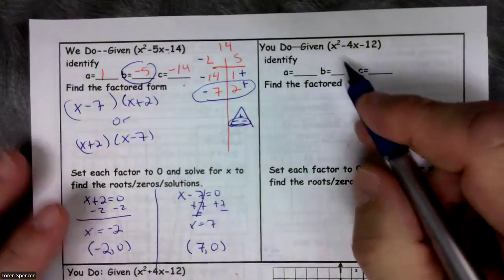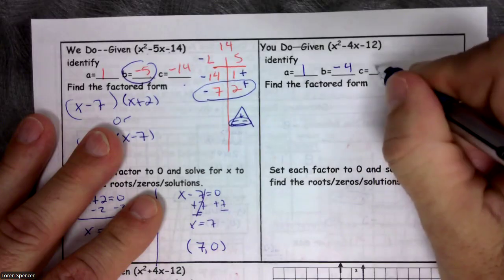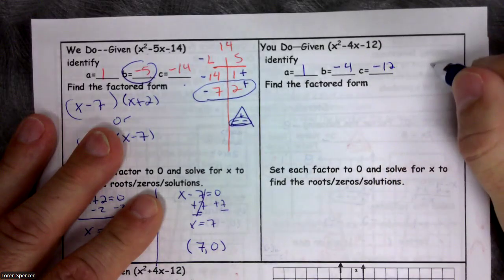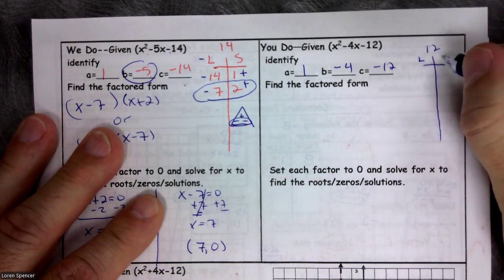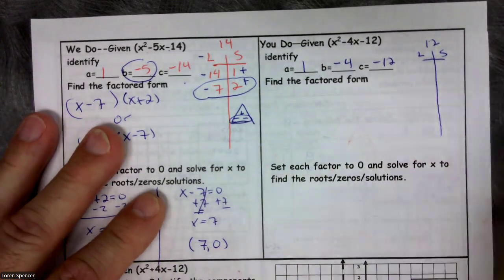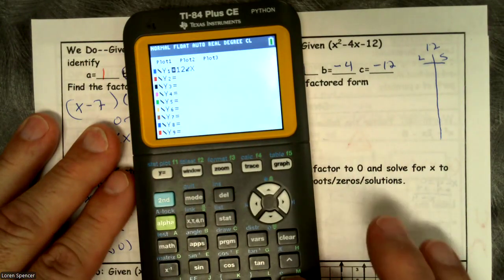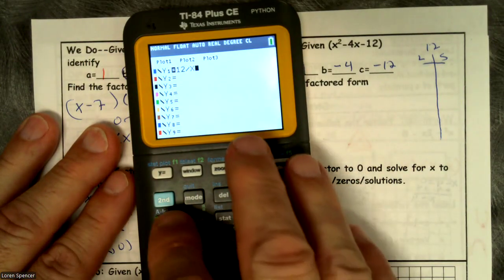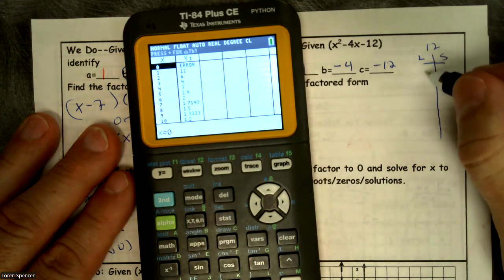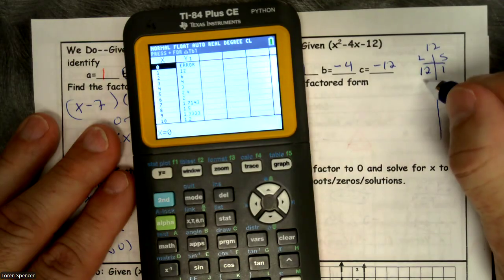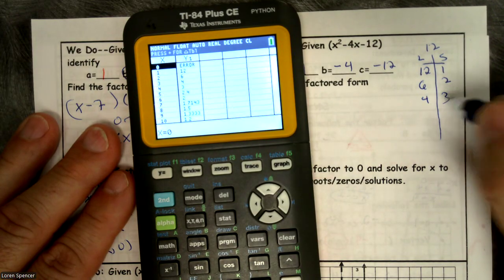The next one, A is 1, B is negative 4, and C is negative 12. So we know we need the factors of 12. So let's do that. Y equals 12 divided by x, blue graph, and we get 12, 1, and we get 6, 2, and we get 4, 3.